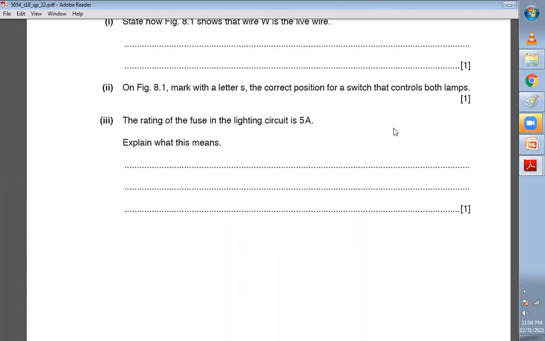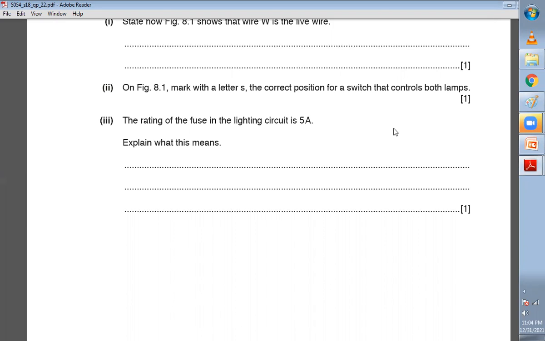The rating of the fuse in the lighting circuit is 5 ampere. Explain what this means. The rating of the fuse is 5 ampere. This means that if less than 5 ampere current will flow into that lighting circuit, the fuse will work, it will let the current go.